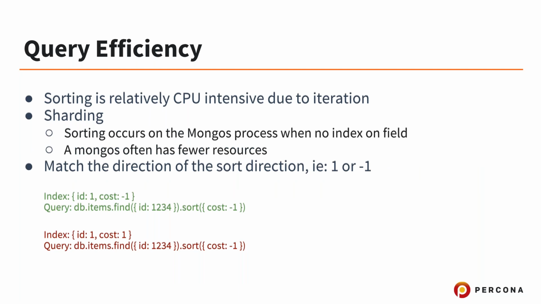The other thing about query efficiency is sorting. It is another thing to worry about, because it's a CPU intensive operation. It's common that you need to sort something from ascending to descending, or you've queried 10 documents and you want them sorted in order of items.